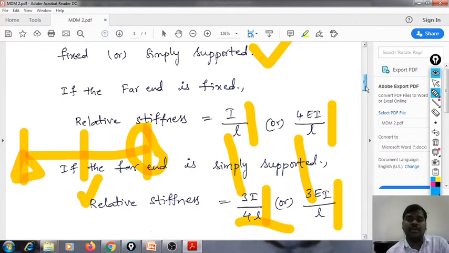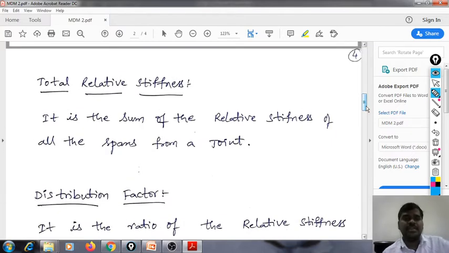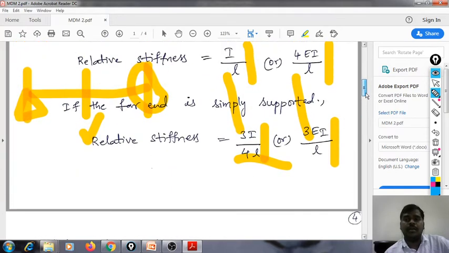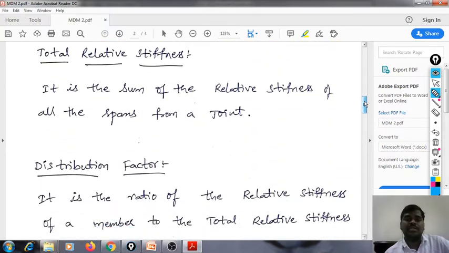That's it. Next, coming to total relative stiffness, it is the sum of the relative stiffness of all the spans from a joint. If we come back to this again, the relative stiffness of this is some x1 and this is x2, so the total relative stiffness will be x1 plus x2.